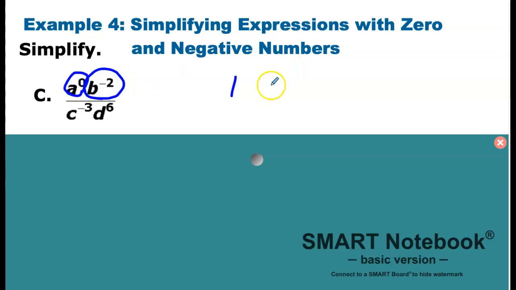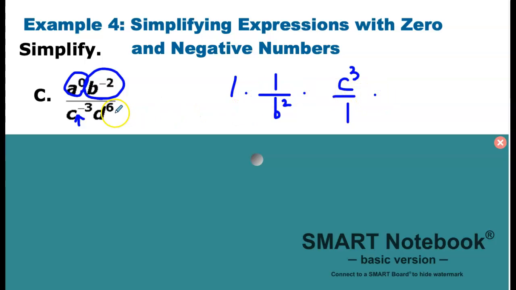That means I'm going to put 1 over b to the second. I have a c to the negative third. That means I'm going to put the c to the top and make the exponent positive, and this is over 1.